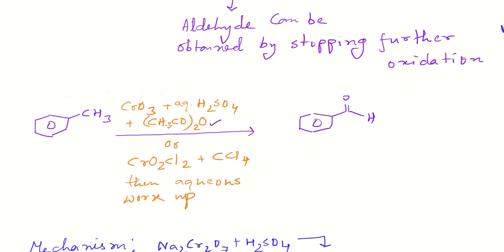I will discuss its role and the mechanism later, but first I will discuss the mechanism of the conversion of the aromatic hydrocarbons into the corresponding carboxylic acids. Another reagent is chromyl chloride in carbon tetrachloride, and after the reaction, aqueous workup will deliver the corresponding aldehyde. Okay, so now we will discuss the mechanism of this reaction.